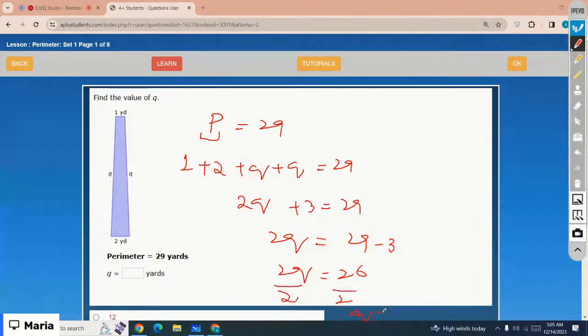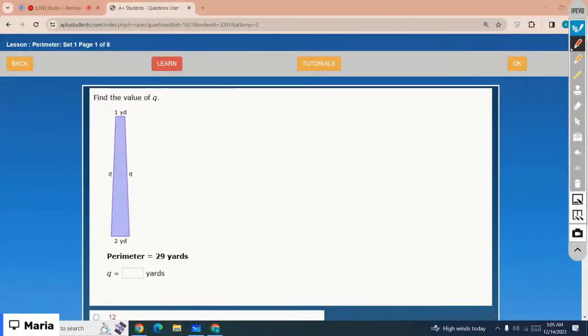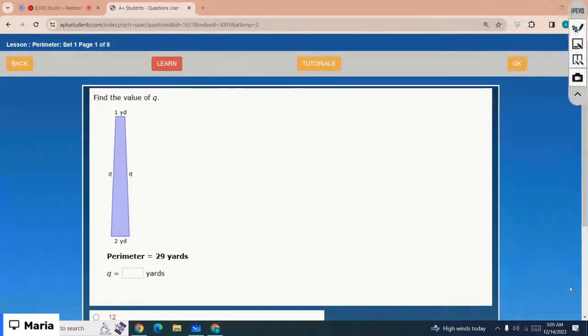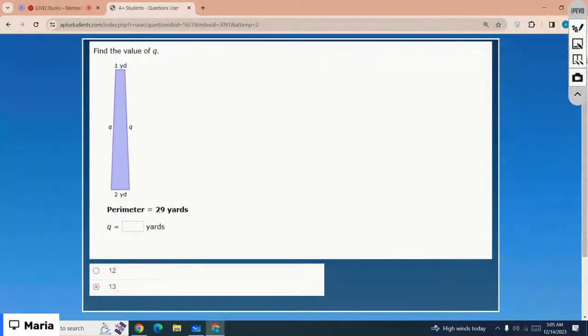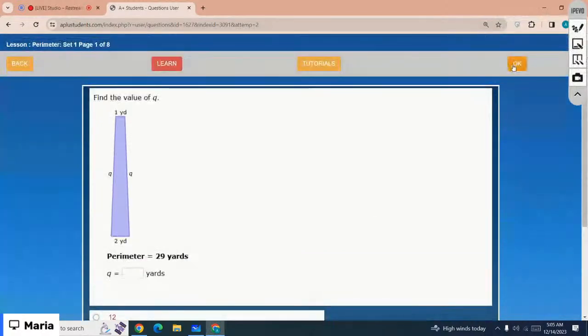So that is q equals, 2 times what number is 26? 2 times 13 is 26. So that means the value of q is 13. The correct option is q equals 13 yards, right?